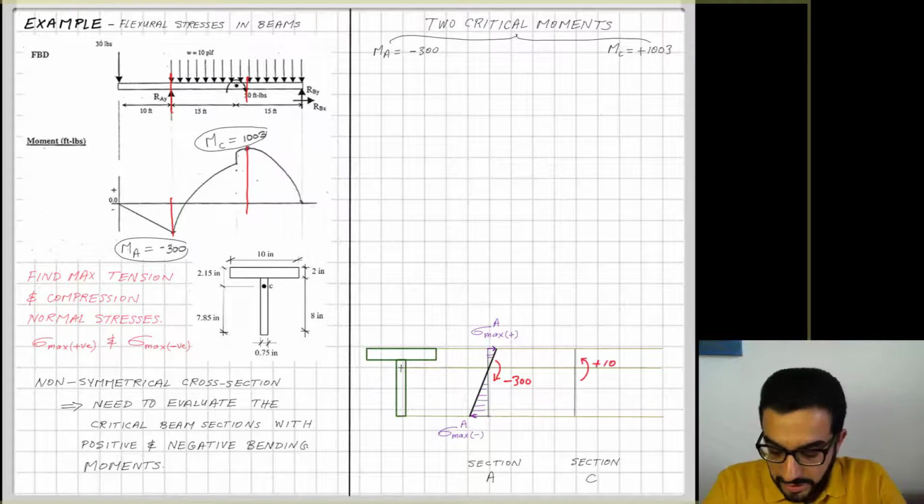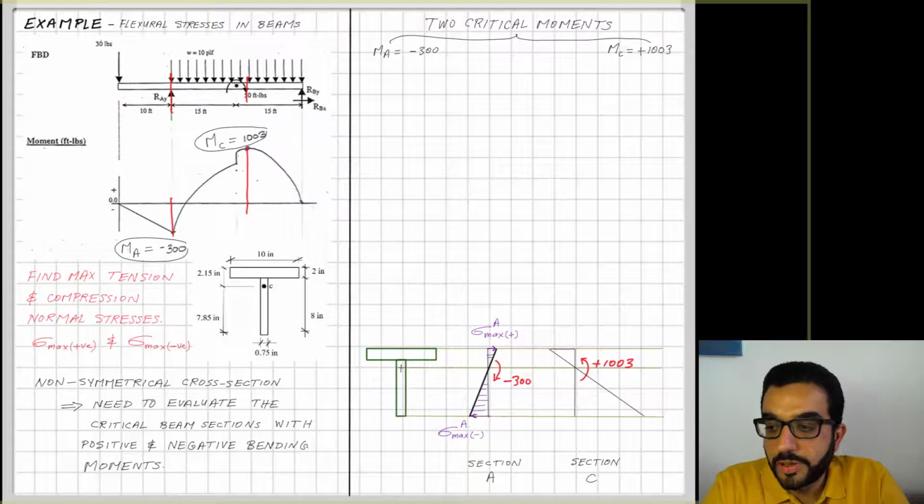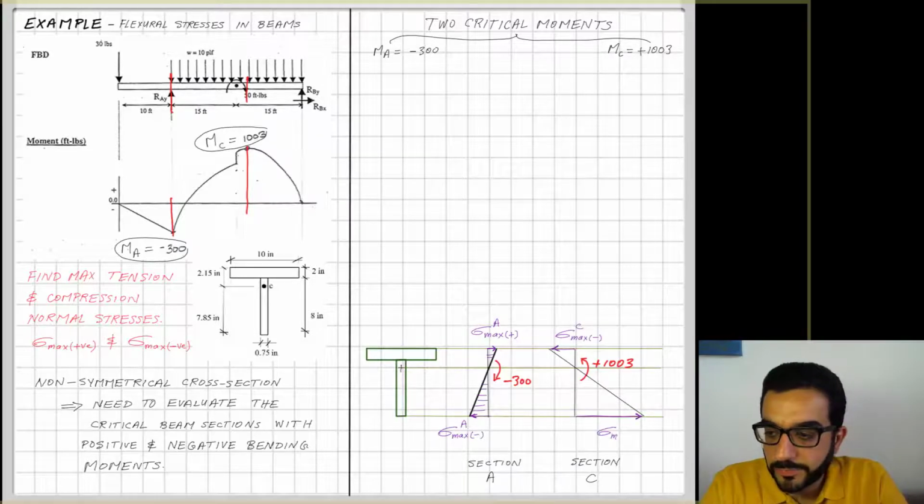So if we look at section C, the moment is positive, so it's causing tension at the bottom. It's larger in value, 1000, almost 3 or 3.5 times more than the negative moment. And it will cause compressive stress in the top and tension stress in the bottom.